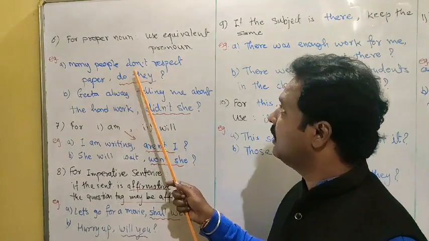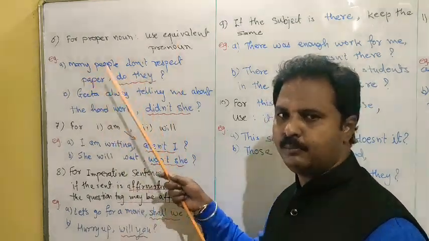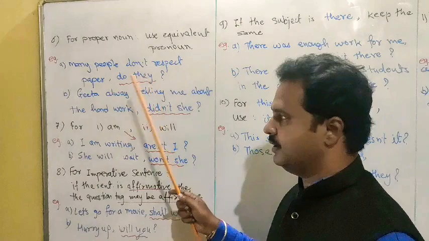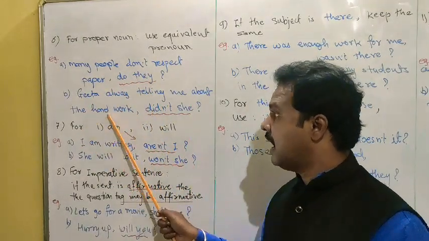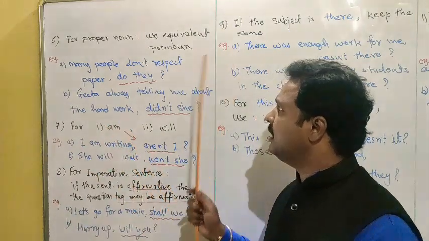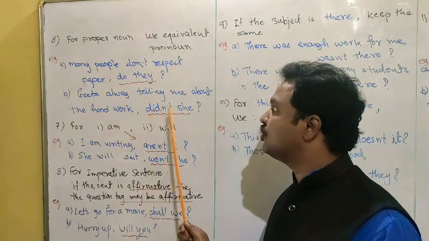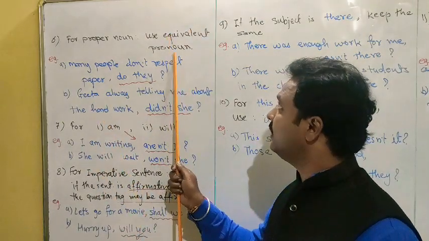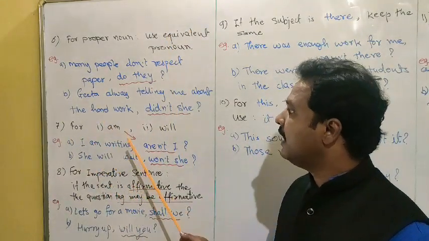So, do for do. And for many people, we use the equivalent pronoun. Plural is there, so they is used here. Then, Geeta is always telling me about hard work. Didn't she, for Geeta. Equivalent pronoun is there. Then see the seventh rule, for am and will.